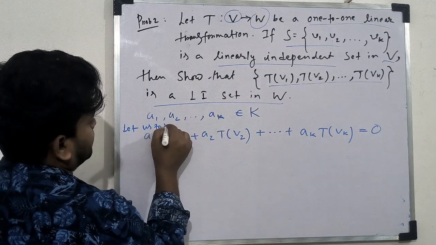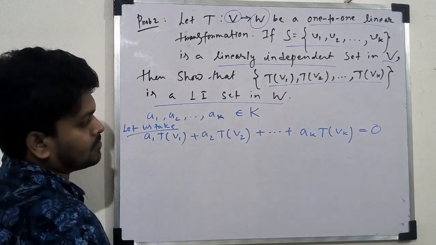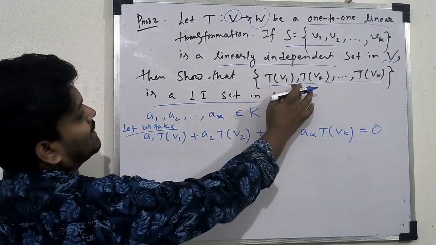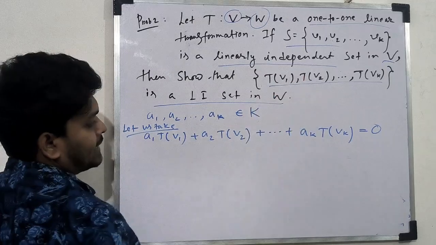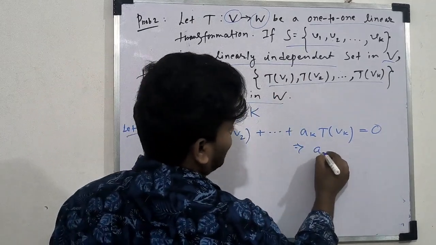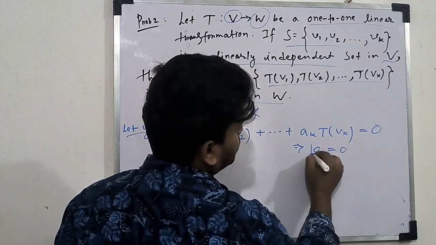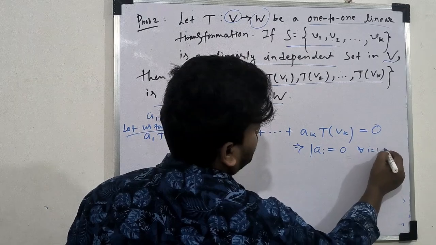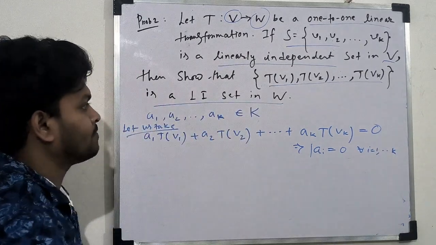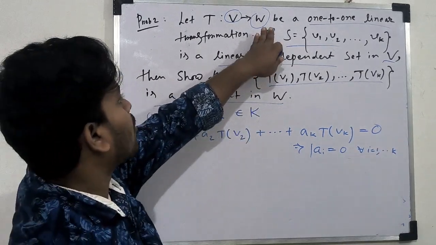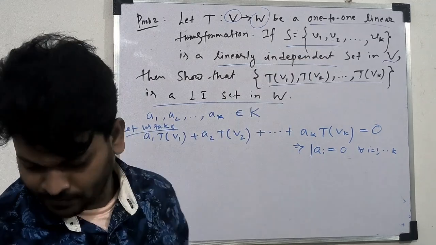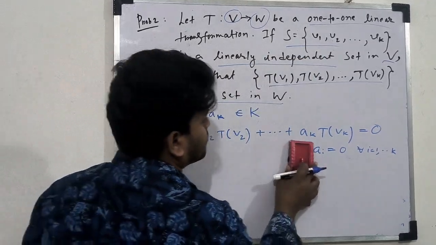Let us take this. Okay? So to prove the linear independence of this set, we have to show all ai equal to 0 for i equal to 1 to k. Okay, we have to show that by using the property that T is linear and one-one. So we will show that.